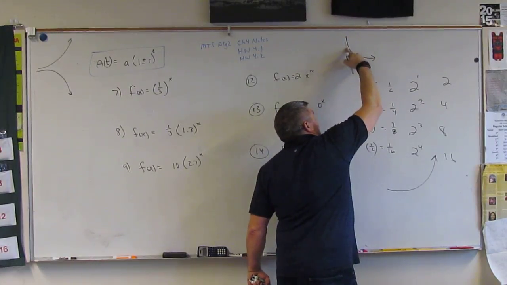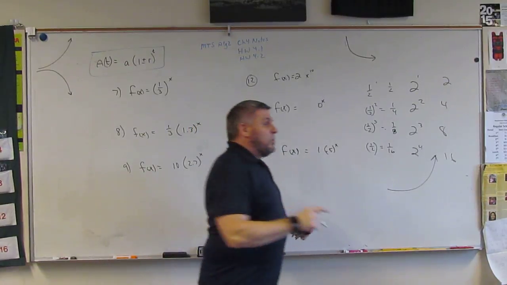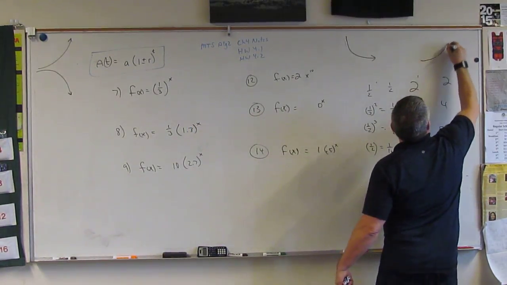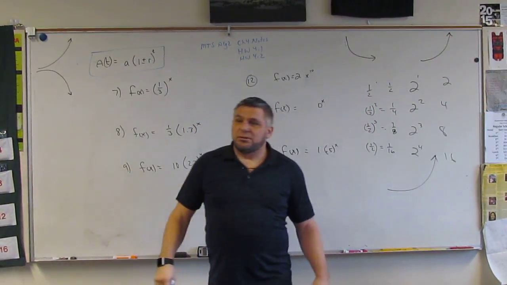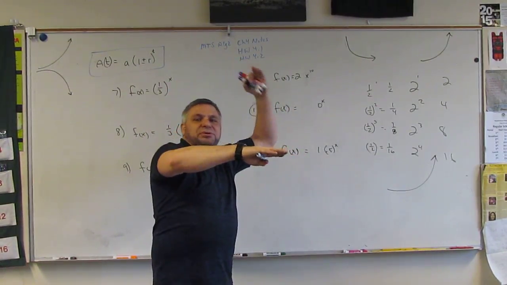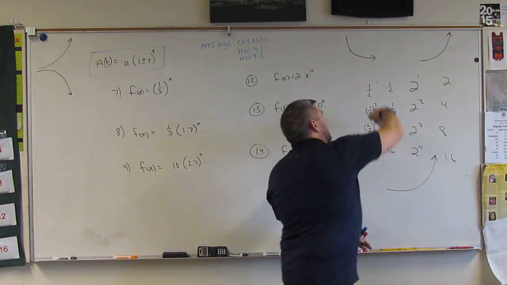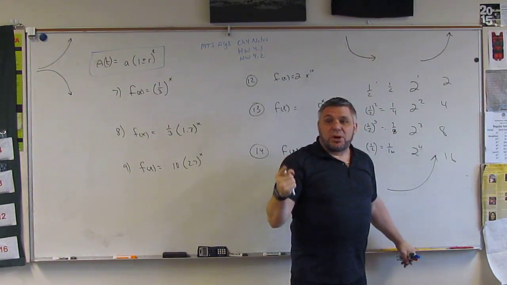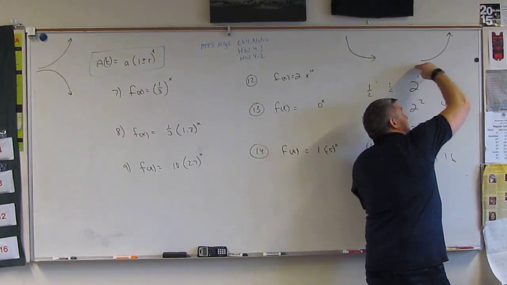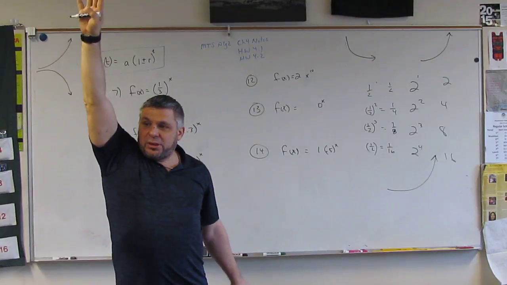So decay means I'm coming down and going towards 0, whereas growth means I'm coming from 0 and going up to infinity. So decay means I'm going down to a certain point and just leveling out. But growth means I started at a level point, but now I'm going to go up. Does that make sense?